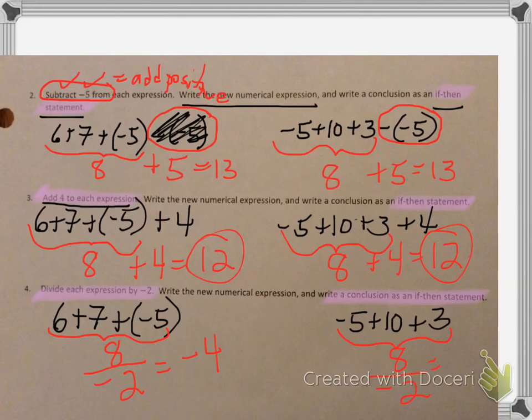Same on this side. And there we go. The if-then statement remains the same. If expression 1 equals expression 2, and you divide both by the same number, then your resulting answers will remain equivalent.